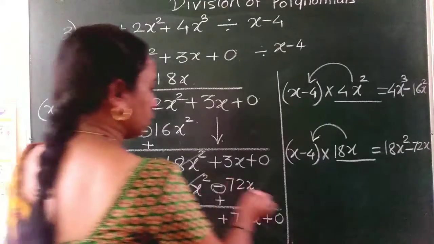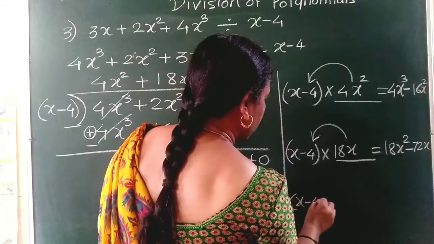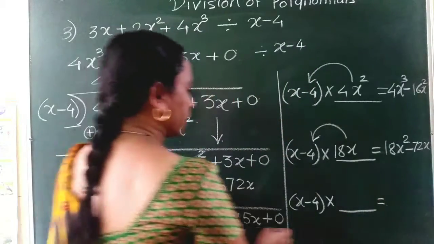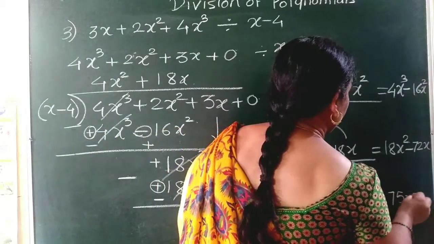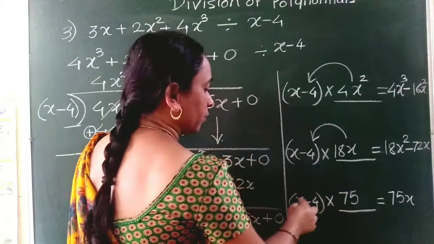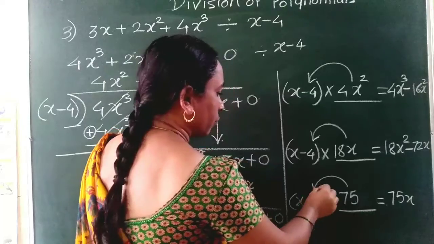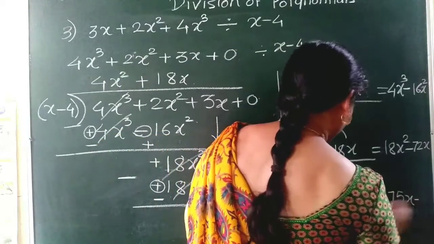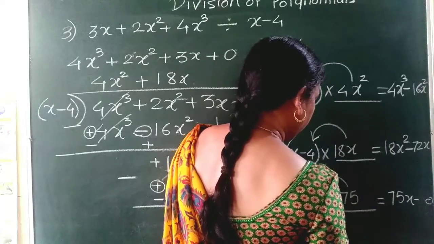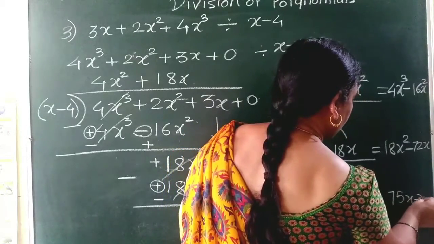Now we'll check the other portion. x minus 4 multiplied by something is equal to, we should get 75x. Here to balance it, I should multiply by 75x, and 75 fours are? The product would come: 5 fours are 20, carry 2, 7 fours are 28 plus 2, 30, so 300.